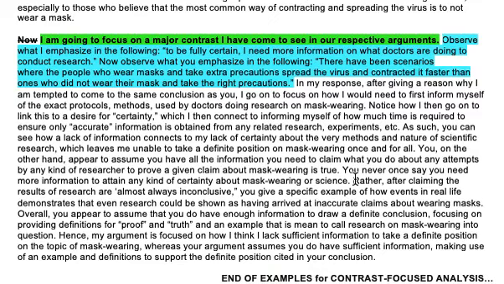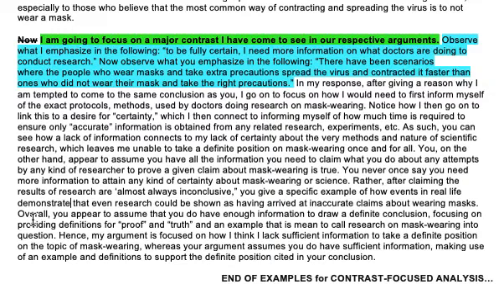You never once say you need more information to attain any kind of certainty about mask wearing or science. Rather, after claiming the results of research are almost always inconclusive, you give a specific example of how events in real life, and this should actually be demonstrated because they say events and that's plural, that even research could be shown as having arrived at inaccurate claims about wearing masks.